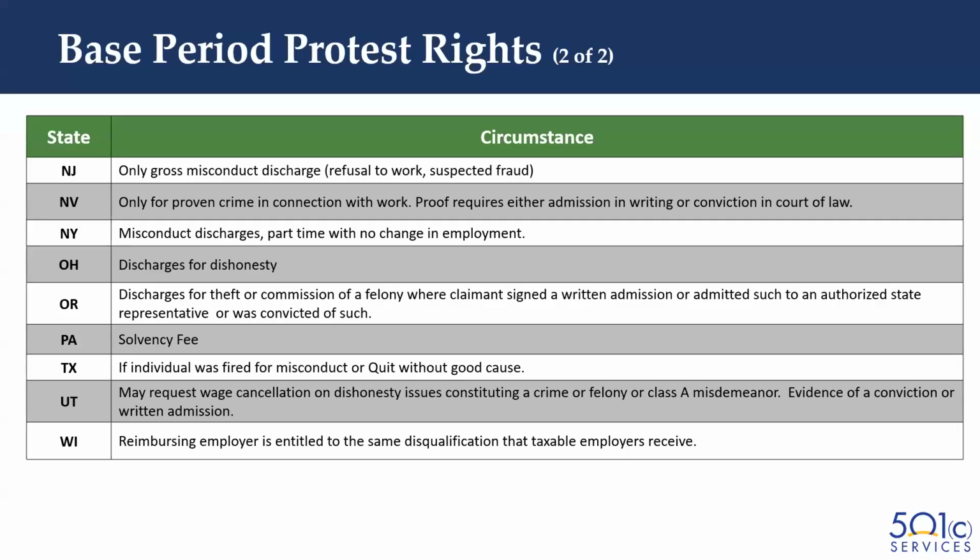States like Pennsylvania have something called a solvency fee. So every year they're going to send out a notice that says, hey, if you pay this one-time fee, you can then protest your protestable base period claims for the whole rest of the year. And basically you're paying into a pooled fund like if you were a taxpayer, it's like a one-time payment. You're basically buying the right to protest claims.